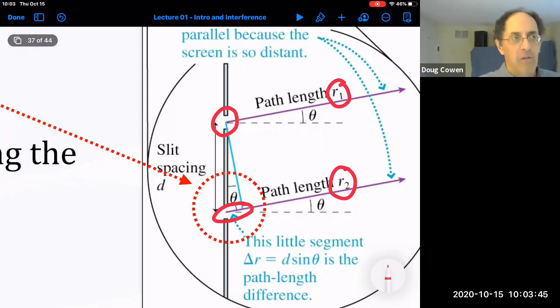When you bounce light off of it at a particular wavelength, you will get constructive interference on a screen far away at a particular place.